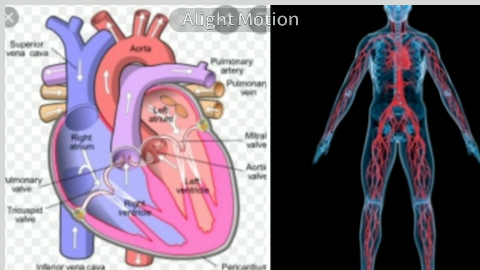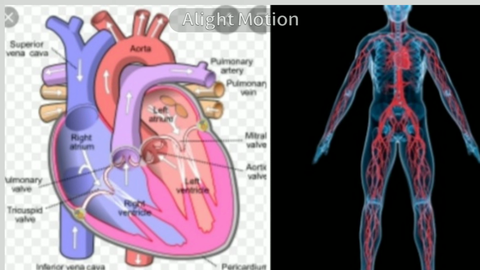Valves ensure that blood does not flow backwards when the atria or ventricles contract. Now, about how oxygen enters the blood in the lungs. The separation of the right side of the heart and the left side of the heart is useful to keep oxygenated and deoxygenated or carbon dioxide rich blood from mixing.